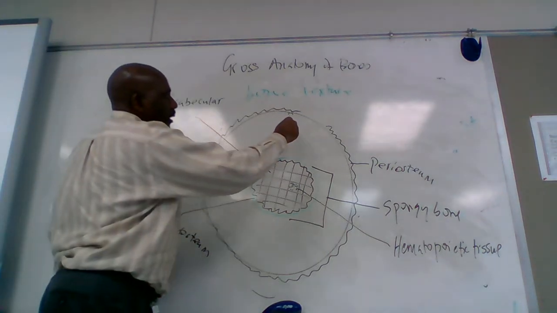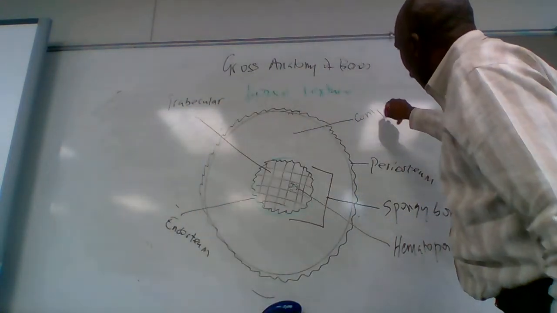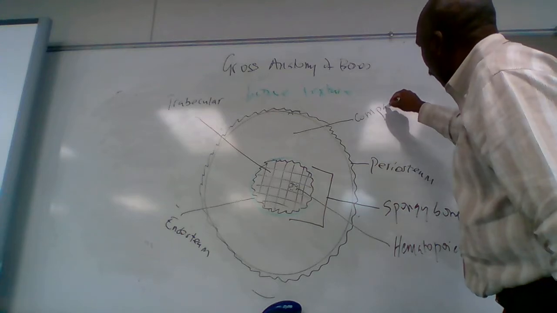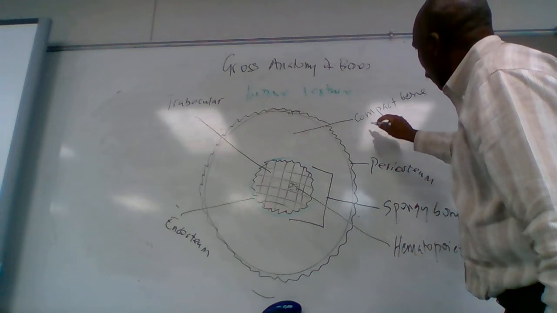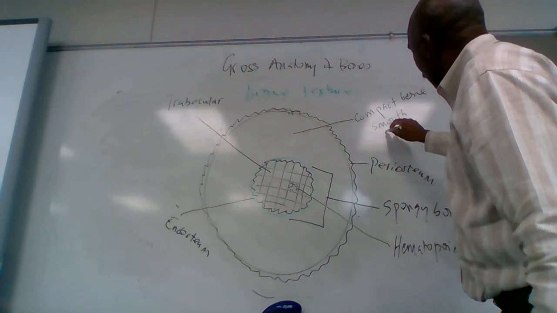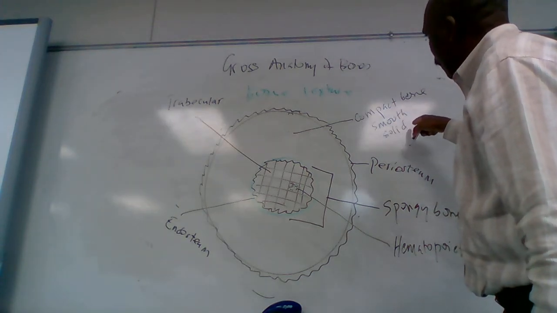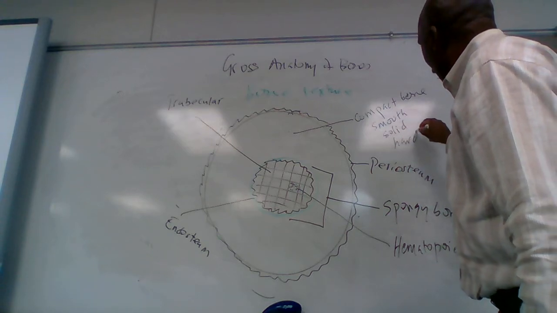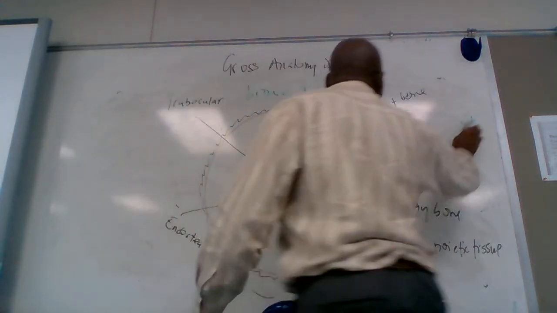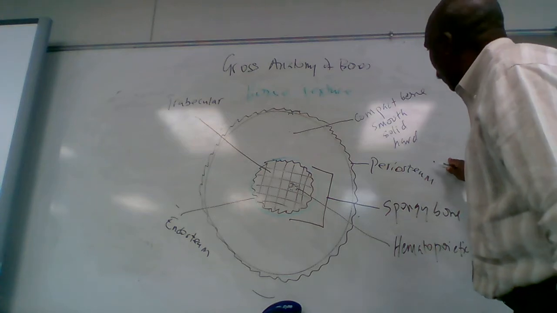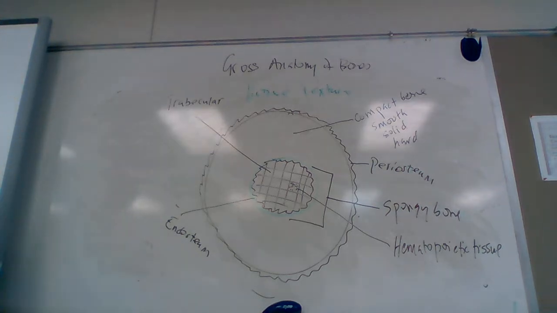Now here, this is compact bone. As we have spongy bone inside, we'll have compact bone outside. Compact bone is smooth, solid, and hard.